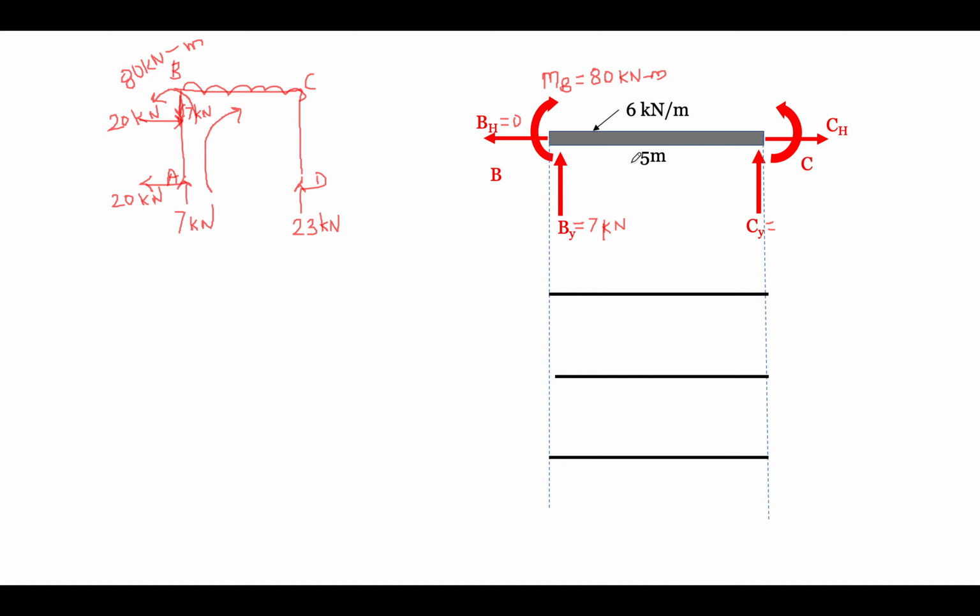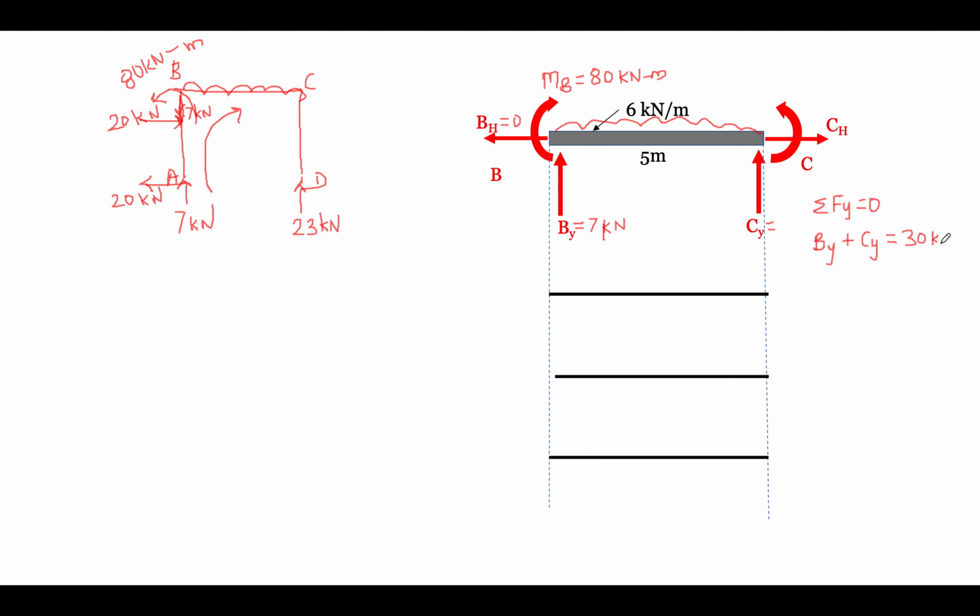Here we have to simply see the summation of forces in the y direction. So we can write By plus Cy is equal to 6 into 5. This is the UDL, so 6 into 5, that is 30 kilonewton.